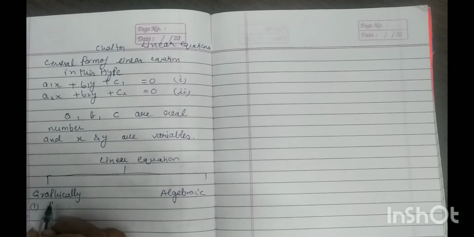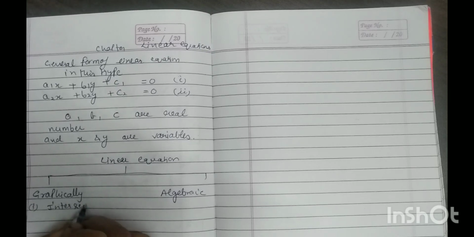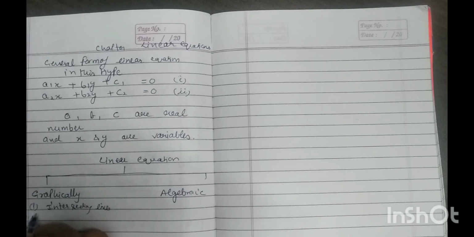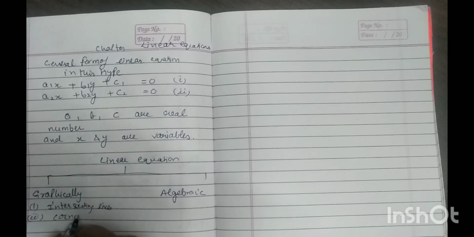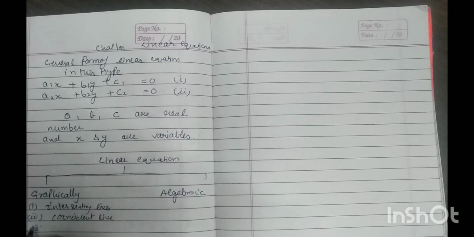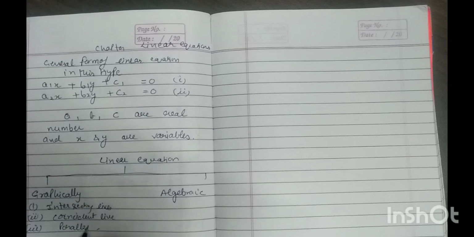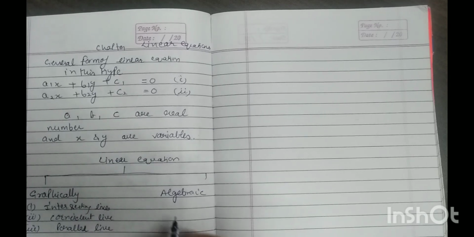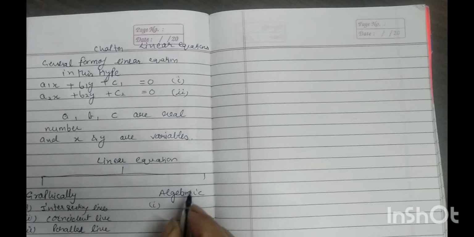First type is intersecting line, second is coincident line, and third is parallel line. And algebraic method also has three types.